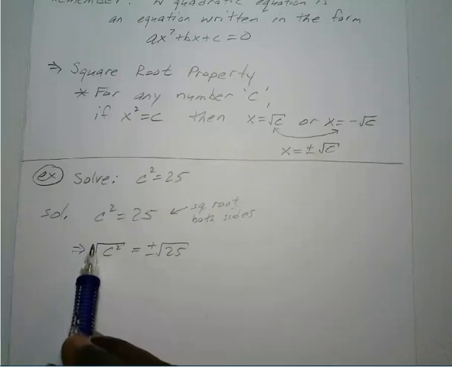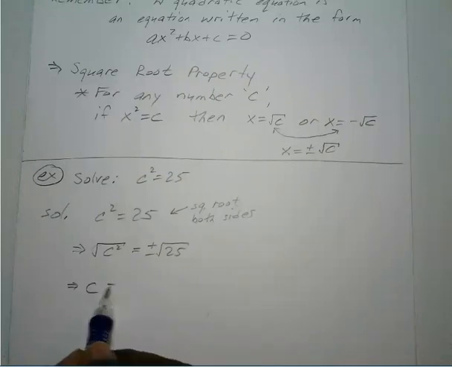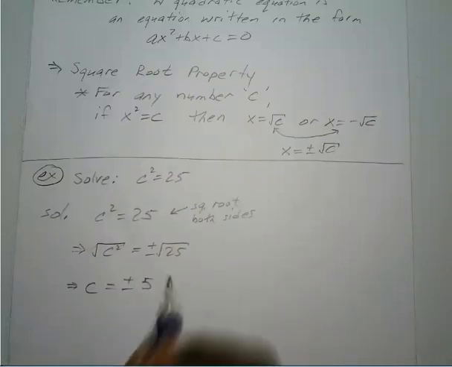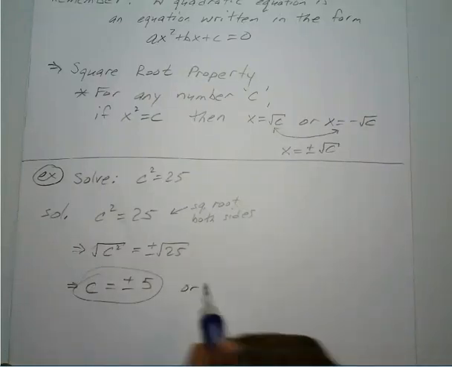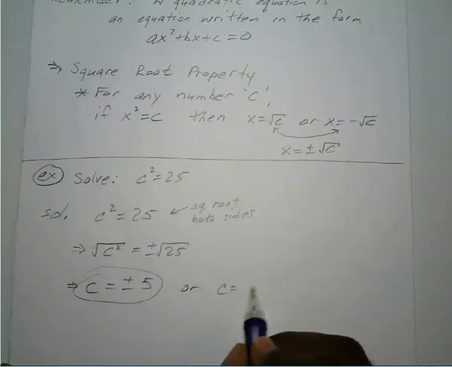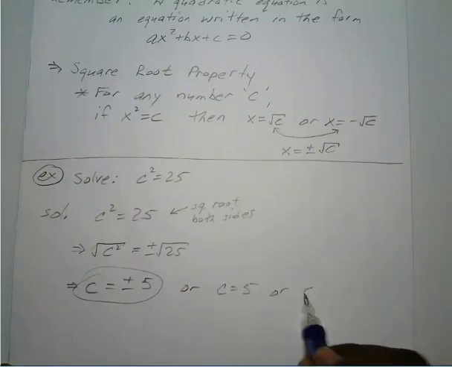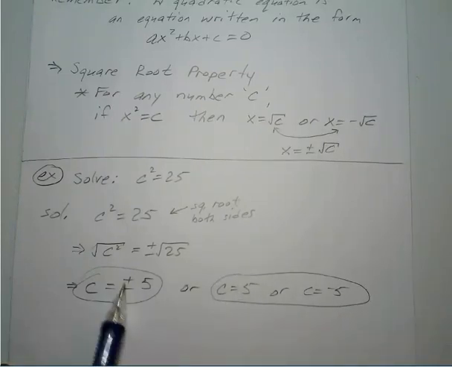So the 2 would cancel out with the index of 2, which would just leave us with c. And that's equal to plus or minus square root of 25, which is 5. So c is equal to plus or minus 5. Or you may have it written as c is equal to positive 5, or c is equal to negative 5, which is basically the same as the plus or minus.